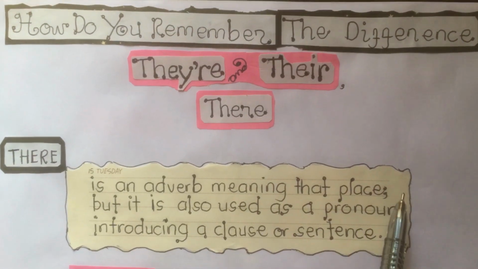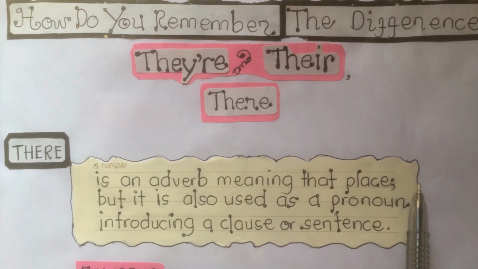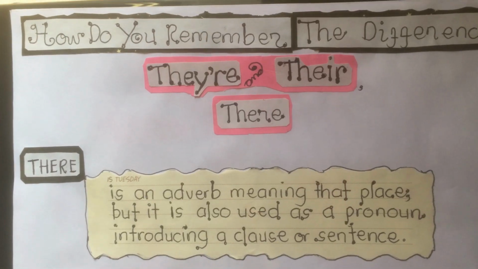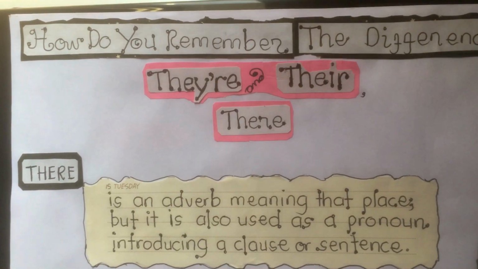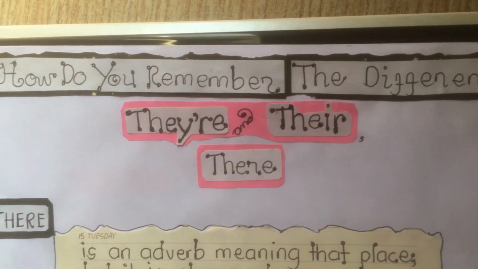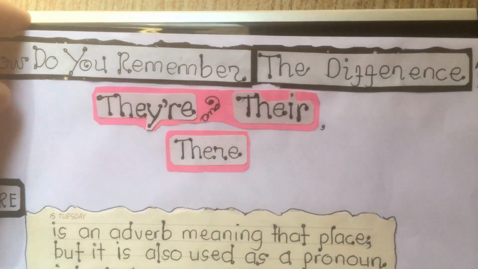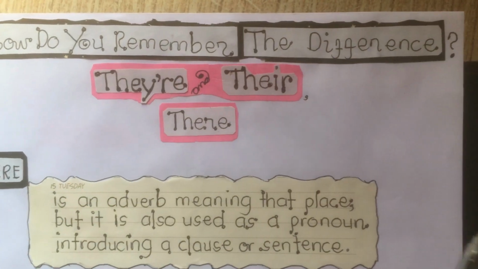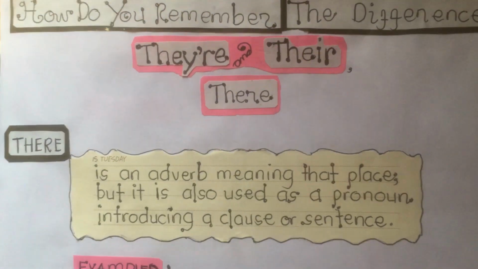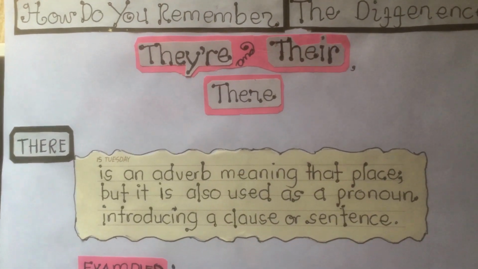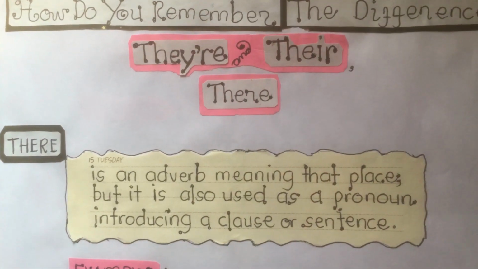Perhaps the biggest issue is that they are homophones, which are words that are pronounced the same but have different spellings and meanings. So today, class, we are going to tackle the definitions and functions of these words.